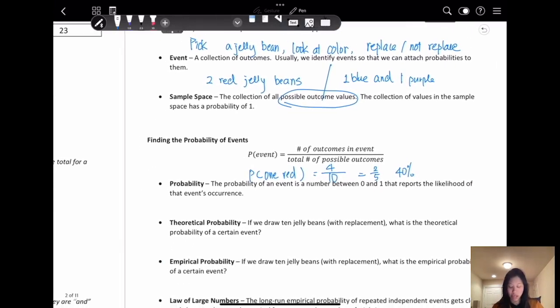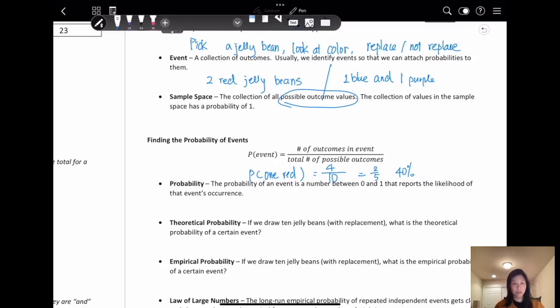Probability of an event is a number between 0 and 1 that reports the likelihood of the event's occurrence. Okay, so there are 2 kinds of probability. One is theoretical probability: if we draw 10 jelly beans, what's the theoretical probability of certain events without replacement? And then empirical probability: if we draw 10 jelly beans, what's the empirical probability of a certain event?